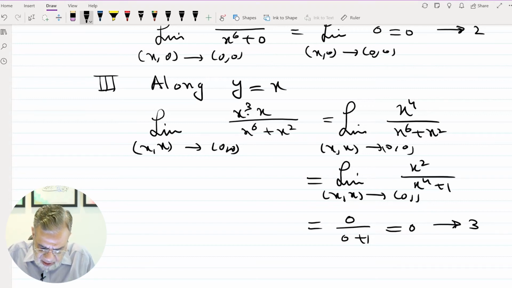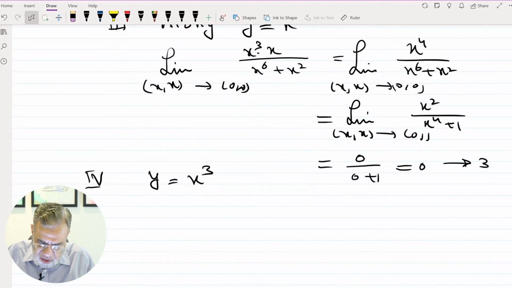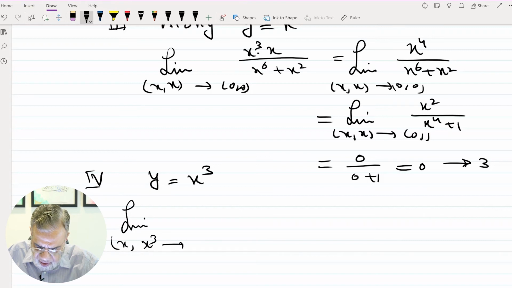So here we take another path. We say we take y equal to x to the power 3. We take along y equal to x to the power 3. We substitute it. We can redefine this one. We have the limit as (x, x to the power 3) goes to (0, 0). We get x to the power 3 into x to the power 3 over x to the power 6 plus x to the power 6.